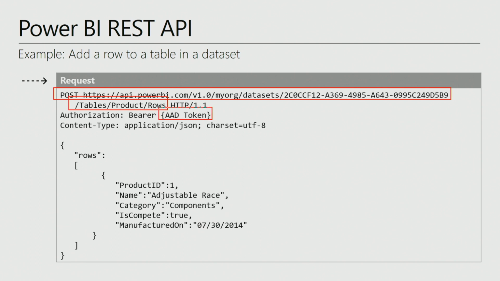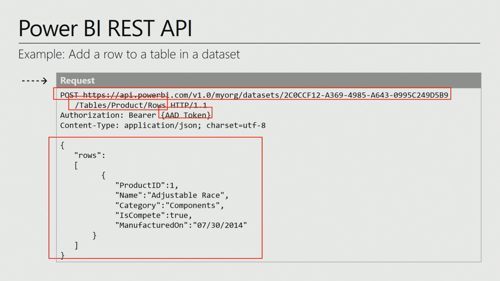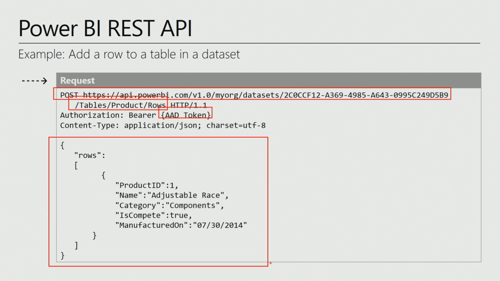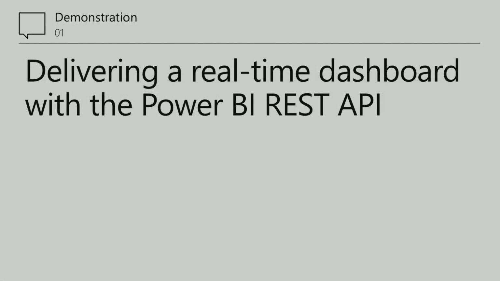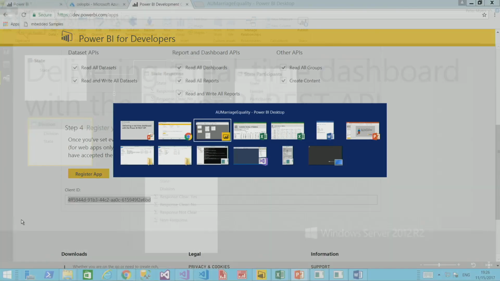Again, we pass the access token. And then the body attached to the request is an array of rows, and they're simply column value pairs. All right, you can push in a single request a maximum of 10,000 rows, just comma, separate, build up an array of rows. All right, so let's take a look at a first demonstration then.